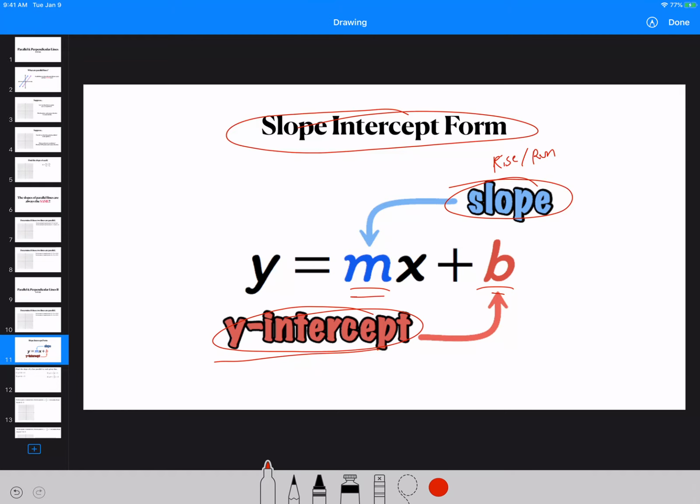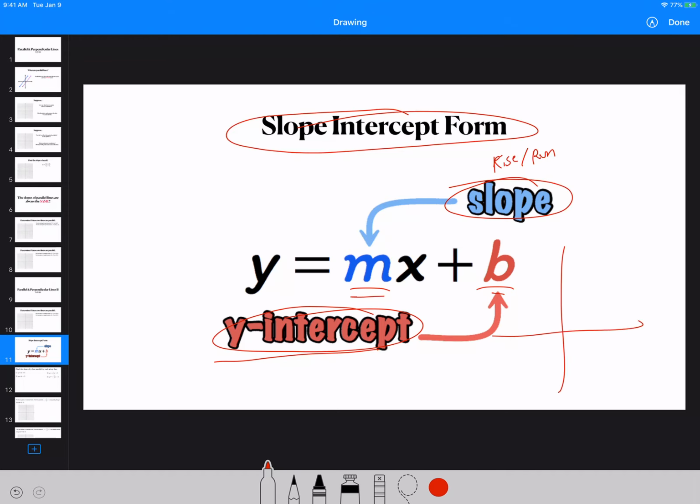And the y-intercept is where it hits the y-axis on a given x or y scale. You don't really have to worry about the y-intercept, but what I need you to understand is that slopes are equal when the lines are parallel.